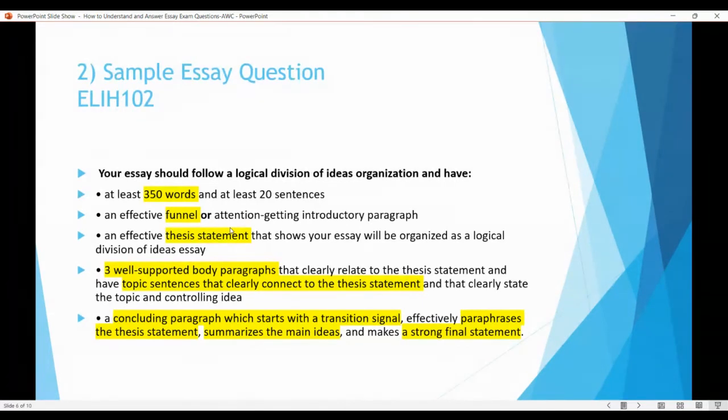So naturally, you get to know that in the second paragraph, the students will write about symptoms, and then in the third paragraph, treatment. So you have to write your paragraphs based on what you have said in the thesis statement. So the thesis statement and the following paragraphs should go hand in hand.